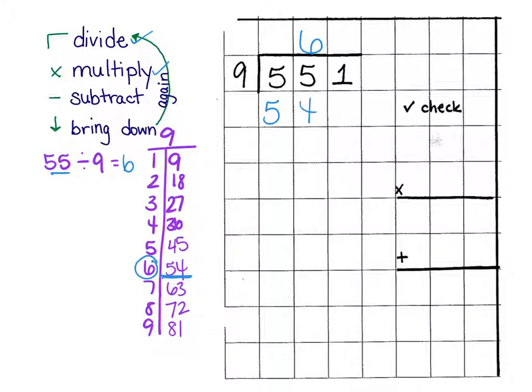Because subtract is the next part. Subtract. 5 minus 4 is 1. 5 minus 5 is 0. So we just leave that. Now that we've subtracted, let's bring down.